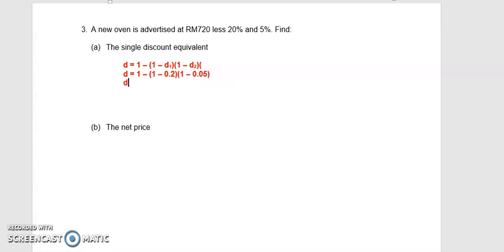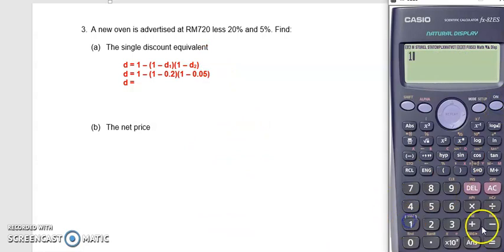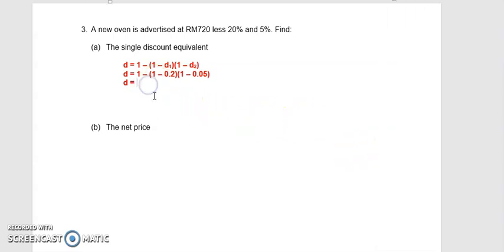D equals 1 minus, so 1 minus 0.2 is 0.8 multiplied by 1 minus 0.05 which is 0.95. So actually you just get 0.24, 24%. So if you want to convert to percentage, multiply by 100. So D is 24%.